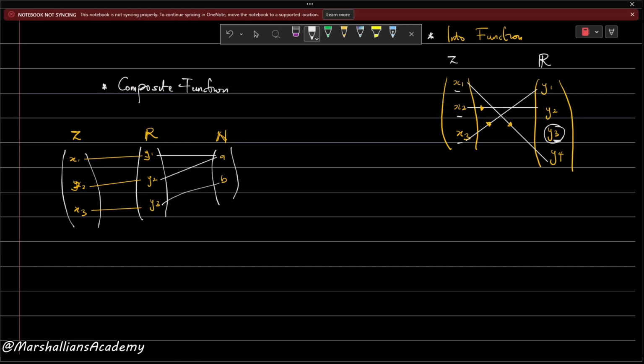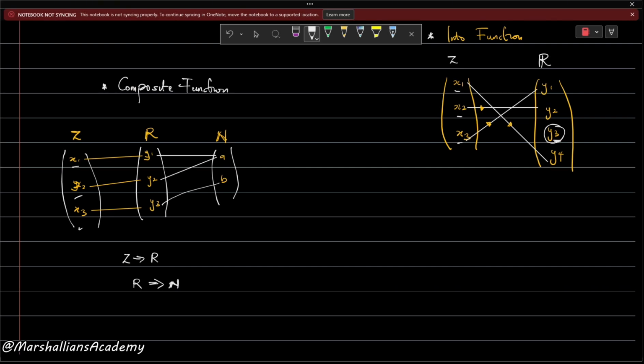Now, what did we notice? We have two relationships in one relationship. We have a function inside another function. Look at it. Z is a function of R. That is correct because all the elements have an image. But also, R is a function of N. Are we together?